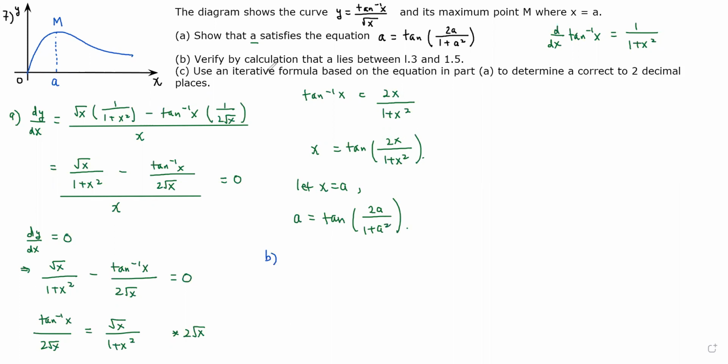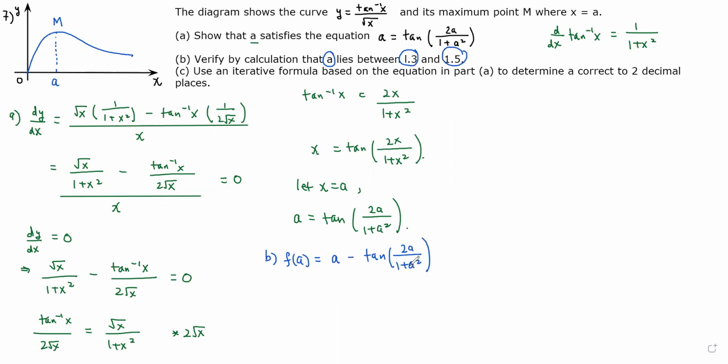Part B, we need to verify by calculation that A is in between 1.3 and 1.5. We can rearrange A equals tangent of 2A over 1 plus A squared, and we can write f(A) equals A minus tangent of 2A over 1 plus A squared.